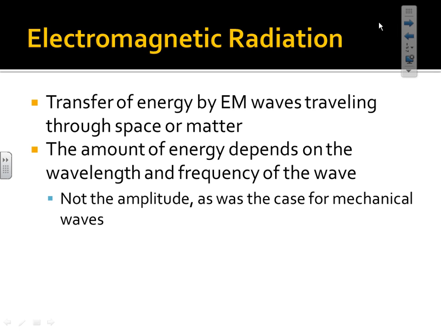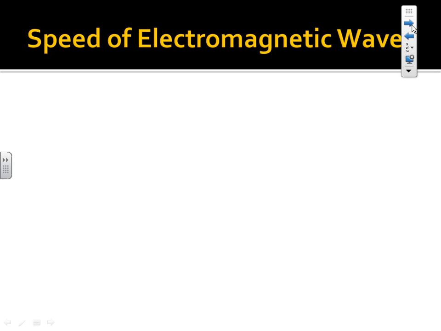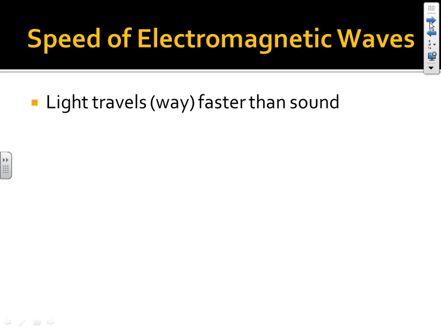Okay. Next, speed. Here's a weird one. Light travels way faster than sound does. Anybody know the approximate speed of sound? Ever hear a random piece of information that sticks in your head somewhere? It's really fast, okay?